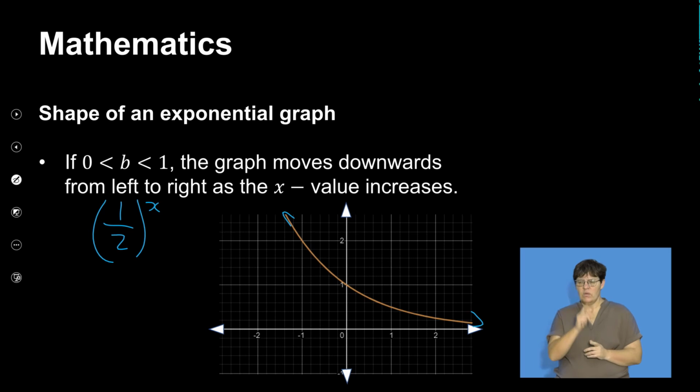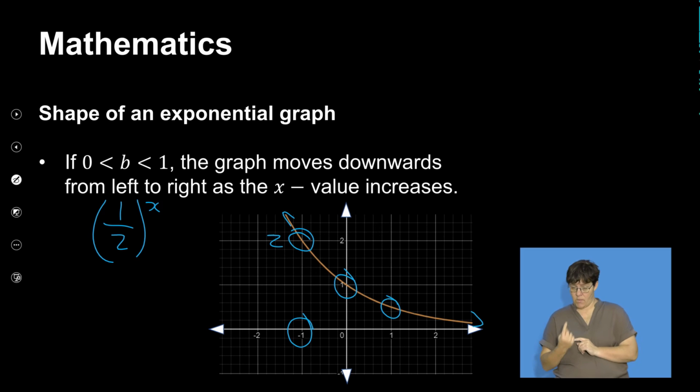You can see really from the board that the value of y here when x was minus 1 is 2. Then the value of y when x is now 0, which means x has increased, is now 1. And the value of y when x is equal to 1, you can see that that's a half, so it has decreased.